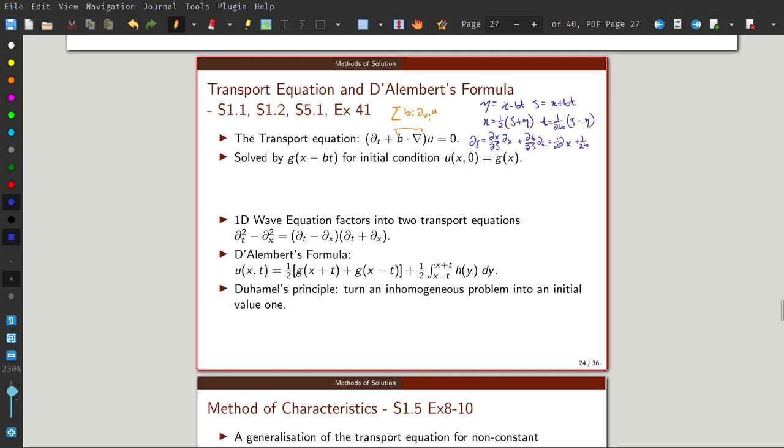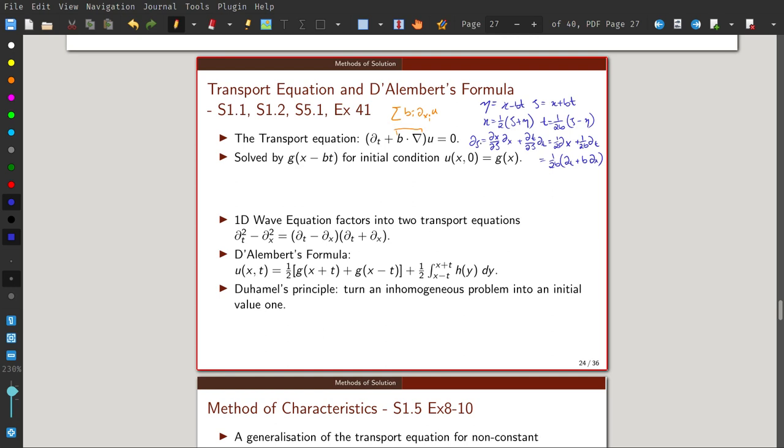And then if we factorize 1 on 2b, what we have is 1 on 2b outside of the partial derivative with respect to t plus b times the partial derivative with respect to x.